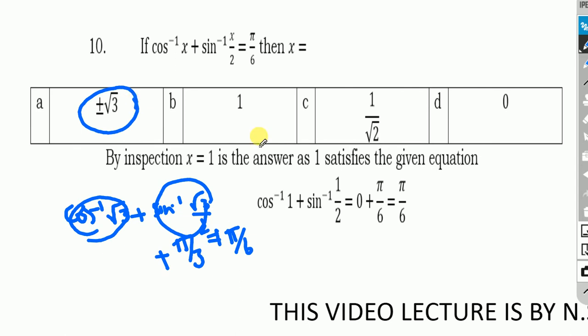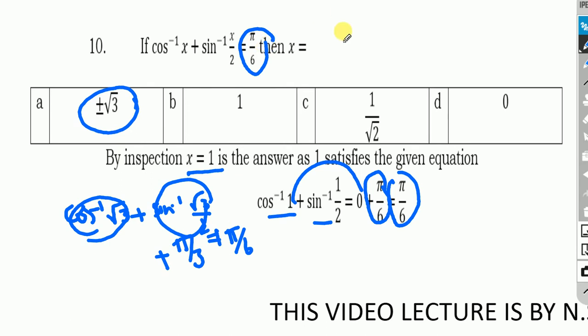Next let us take x is equal to 1. When you take x is equal to 1, I have cos inverse of 1 plus sin inverse of 1 by 2. Cos inverse of 1 is 0, and sin inverse of 1 by 2 is pi by 6. So we get the right hand side as pi by 6 as given in the expression.